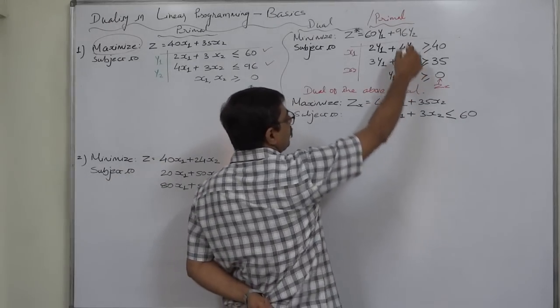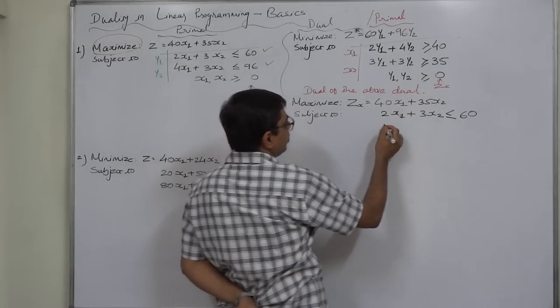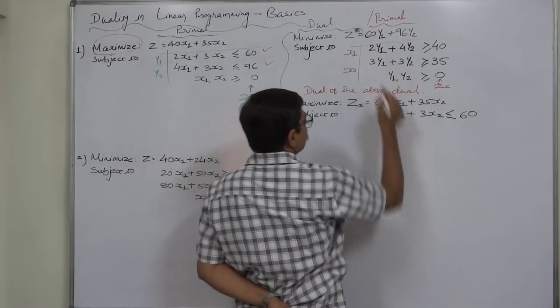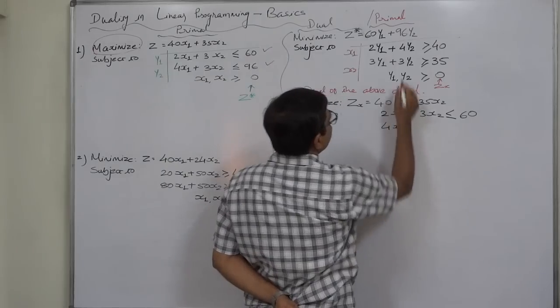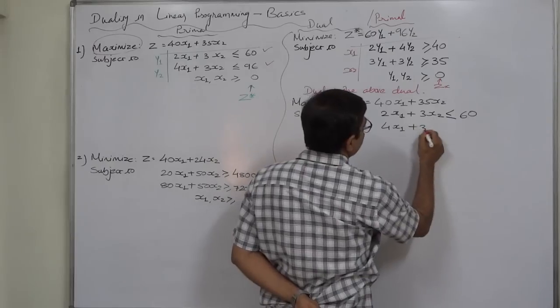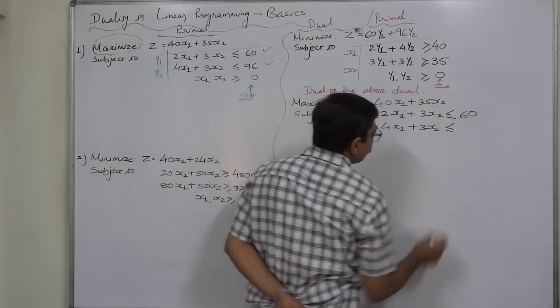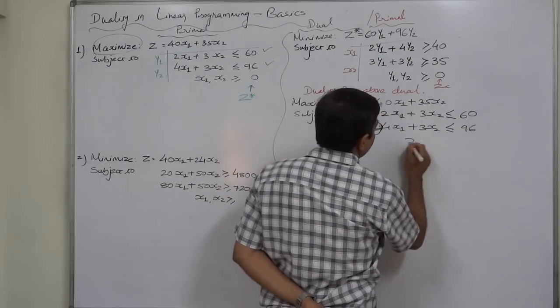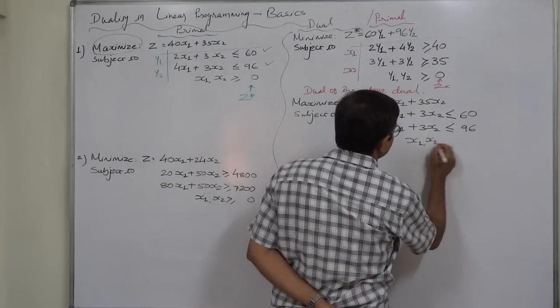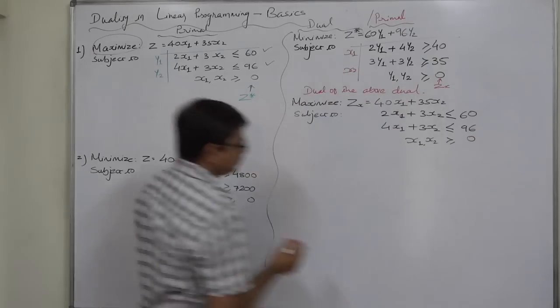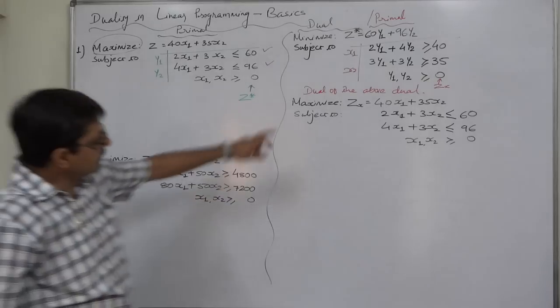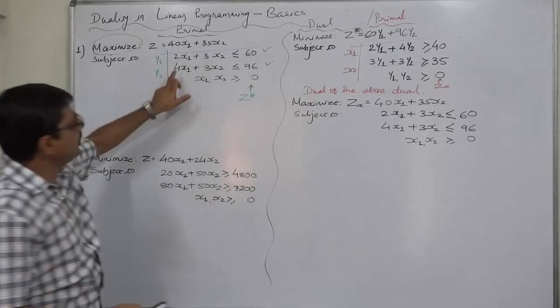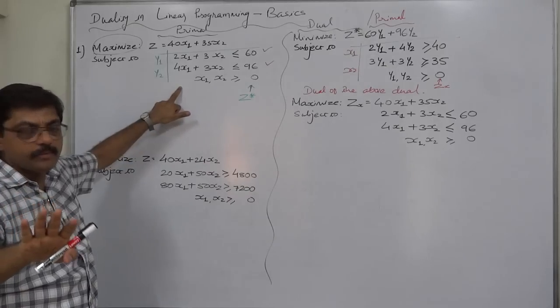Similarly, on the basis of y2, we can write the second constraint: 4x1 plus 3x2, again less than or equal to 96, and x1 and x2 both are non-negative. See, this is the dual of the primal, that means our original linear programming problem.